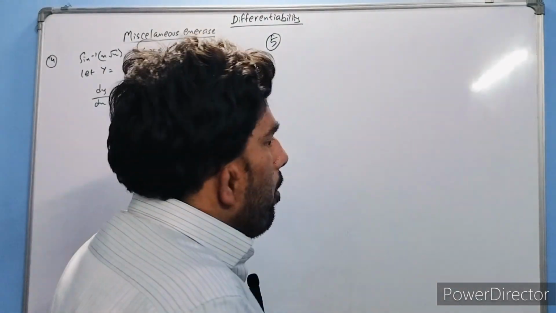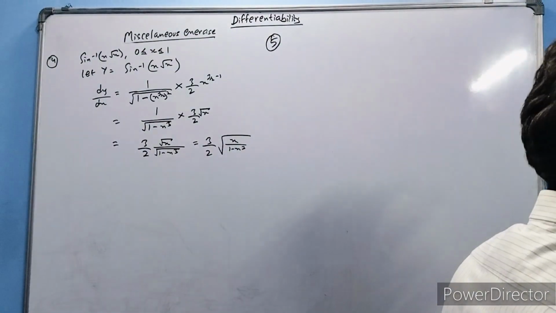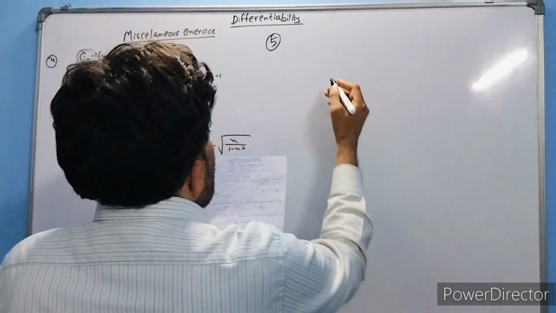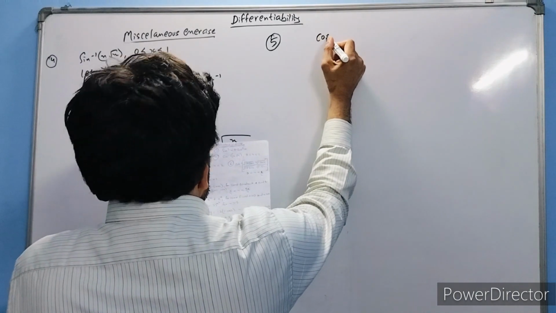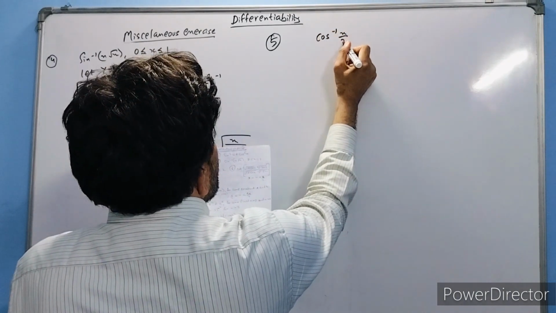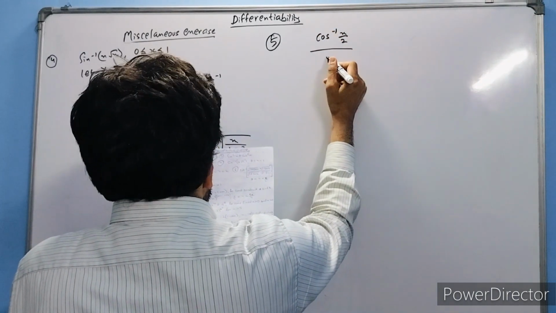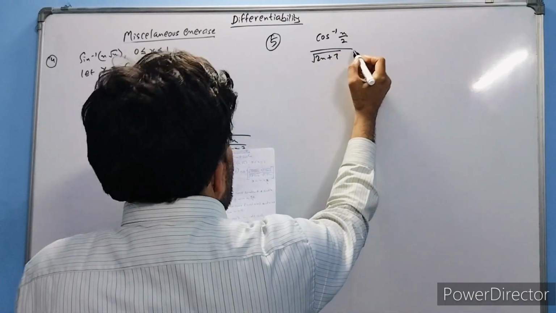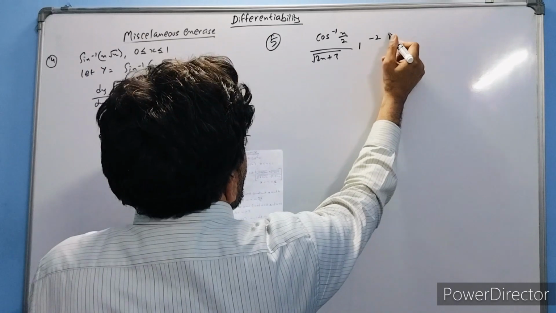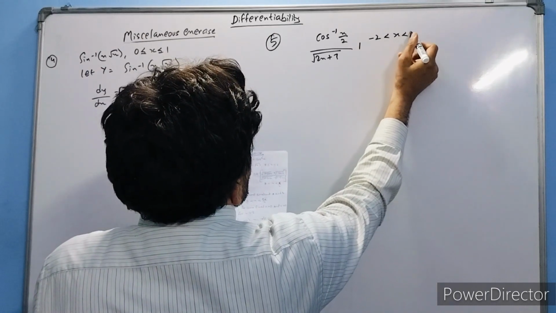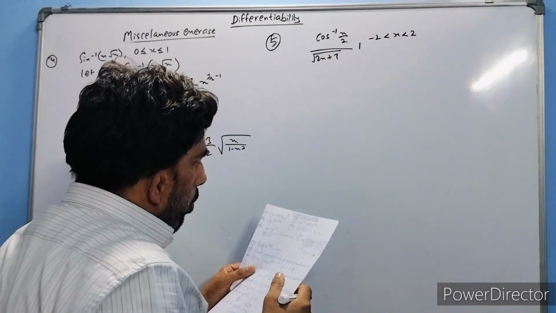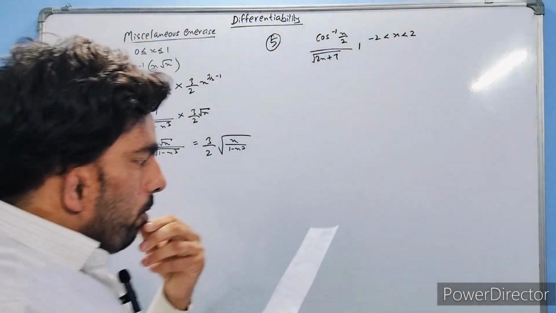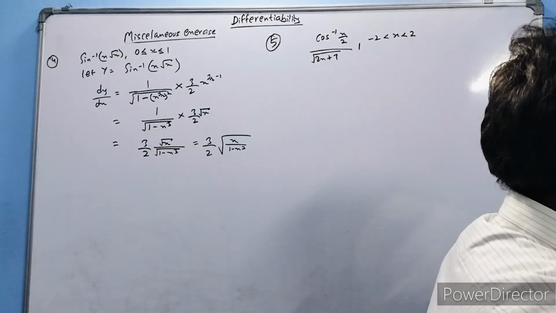Now we have the fifth question. So let us see what the fifth question says. We have cos inverse of x upon 2 upon under root 2x plus 7, where they have given that x lies between minus 2 and 2. Such a question they have given.